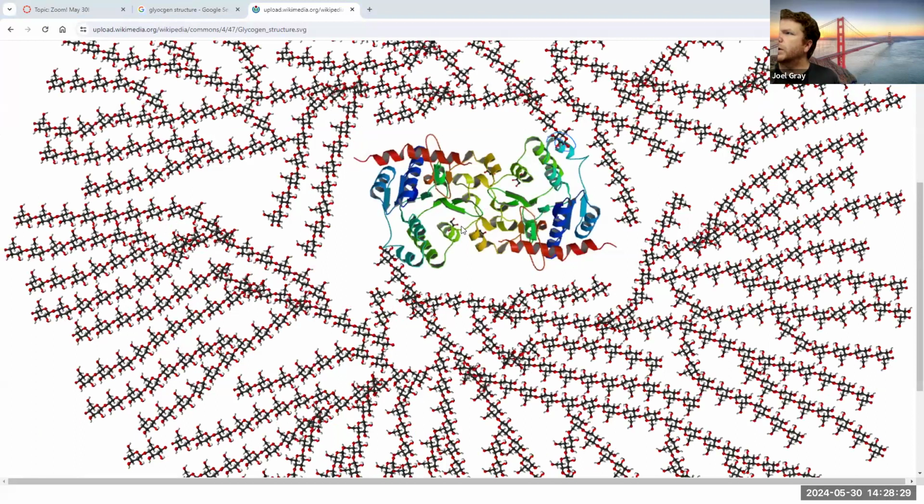Let's say that this right here, where I'm just circling, would be considered my reducing end, where I had my free anomeric carbon that got hooked up to my glycogenin protein.